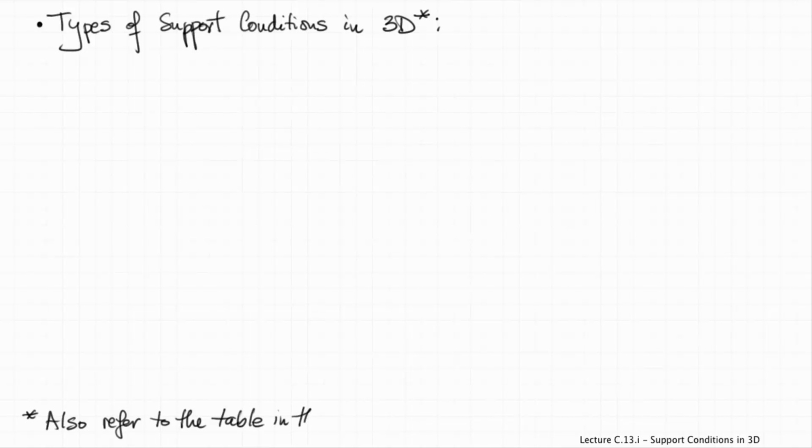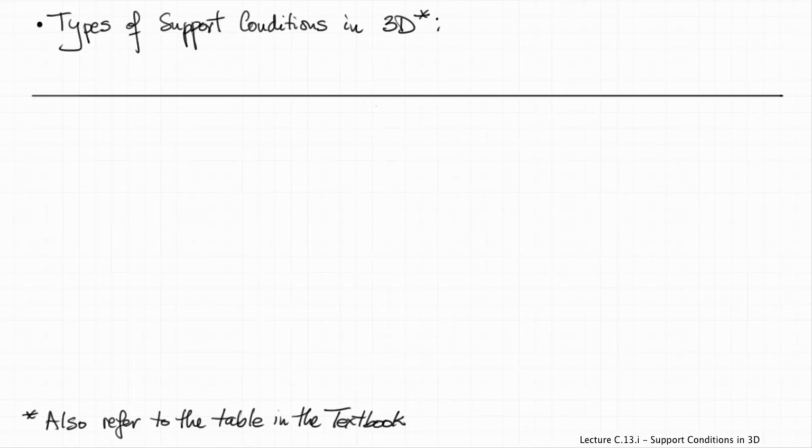Now, let's look at a few types of support conditions for rigid bodies in 3 dimensions. And before we start doing so, I would like to point out that there's a table in the textbook which is more complete, more comprehensive, that you should refer to and you should always use in solving problems and also when you write tests.